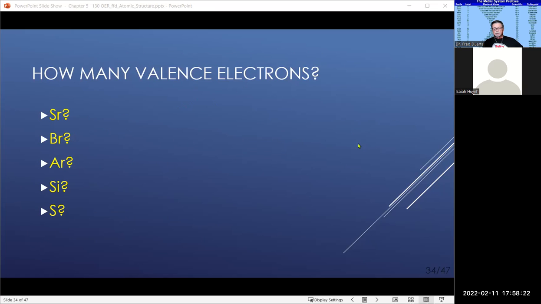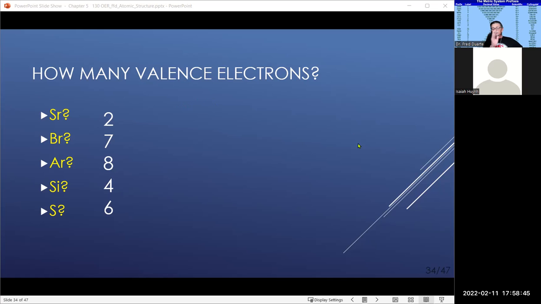How many valence electrons for Sr, strontium? We find it on the periodic table. It is in group 2, hence it has 2 valence electrons. Bromine is in group 7, has 7 valence electrons. Argon is a noble gas, very stable, and therefore has 8, being in group 8.